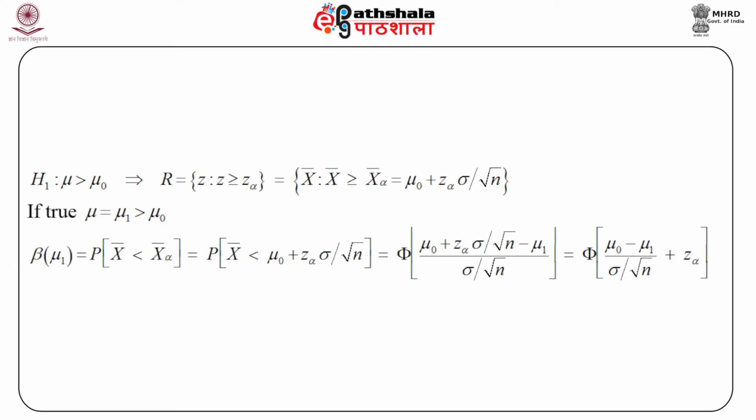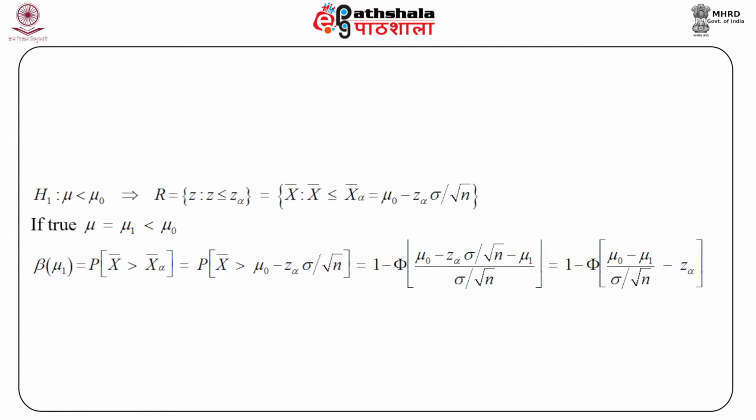And this you can see on your screen is equal to probability of x̄ less than μ0 plus Zα into σ by root n. And this can be further simplified and is equal to Φ of (μ0 plus Zα into σ by root n minus μ1) upon σ by root n, and is equal to Φ of (μ0 minus μ1) upon σ by root n plus Zα.